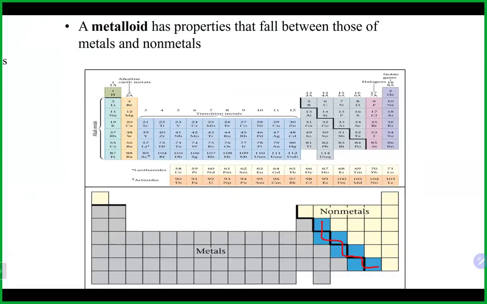All right, so the staircase there that comes down around boron, and some books will include boron, those are metalloids or semi-metals, and the properties of metalloids fall kind of on either side of where they're located on the periodic table. So if you take a metalloid like one of these, it will have several properties that people would say are very much like a non-metal type property.